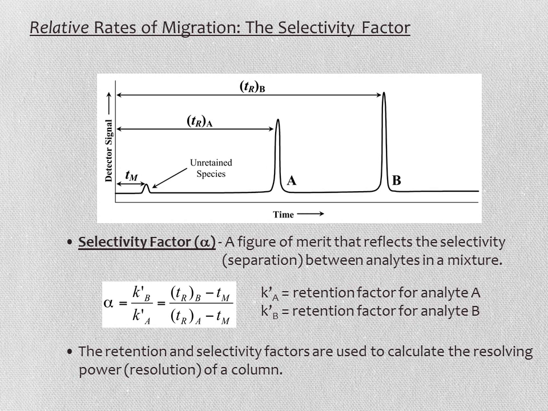And so we get this nice proportion here. We often will use these things, the selectivity factor on this slide, the alpha, and the retention factor, the k, in order to calculate the resolving power or the resolution of a column. And we'll talk about that in just a few minutes.